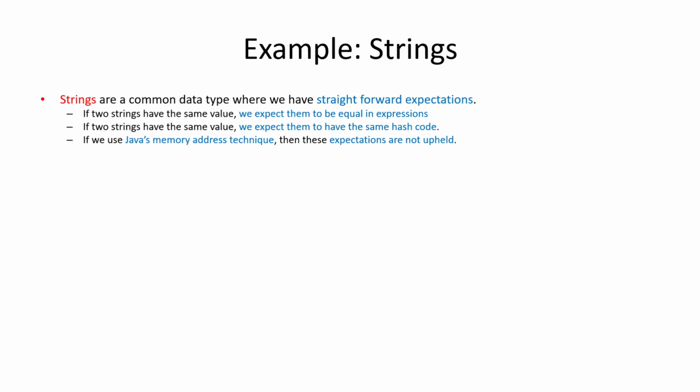Say we have a string variable with value hello world, and we want to test, is this equal to a string literal hello world? It should say true. We want them to do a deep check, checking the string for its contents, not to see where its memory location is. That would return false, and we don't want that. And the same thing is going to be true of our expectation of the hash code. We want two strings with the same value to have the same hash code and go to the same bucket.